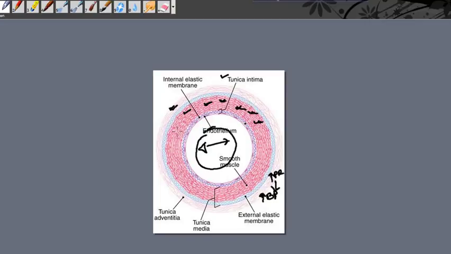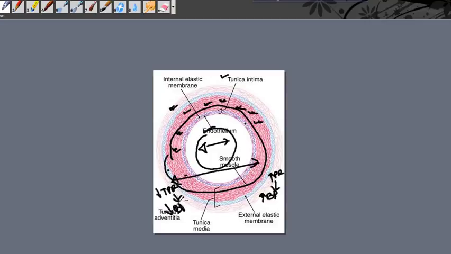On the other hand, if this smooth muscle in the tunica media of the arteriole relaxes, the diameter of the arteriole becomes more. If the diameter of the arteriole becomes more, your total peripheral resistance will fall, and when your total peripheral resistance falls, blood in the major arterial system will leave easily from the major arterial system, so blood in the major arterial system will be less, so less blood will create less pressure, and so your blood pressure falls.